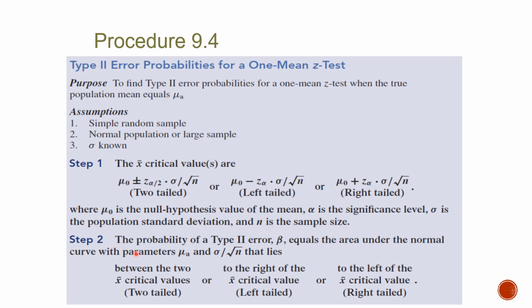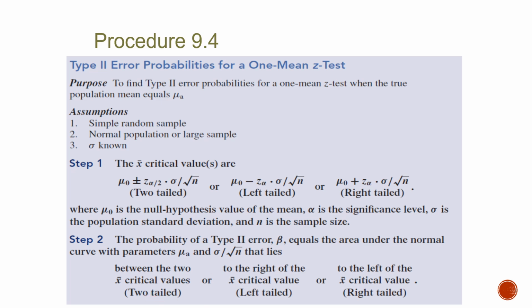In step 2, we go on to finding the probability of a type 2 error, beta, which equals the area under the normal curve with parameters mu sub a and sigma divided by the square root of n that lies between the two x bar critical values for a two-tailed test.